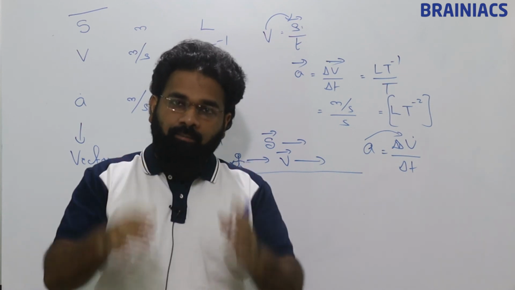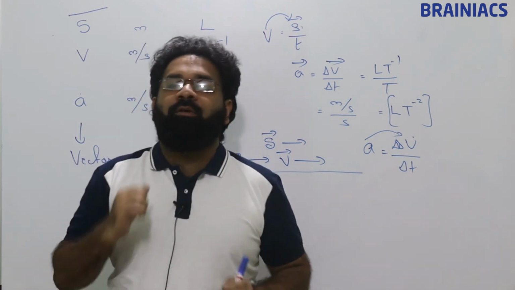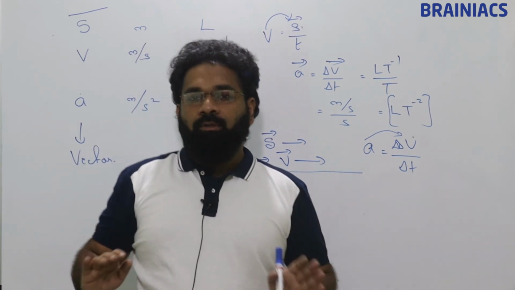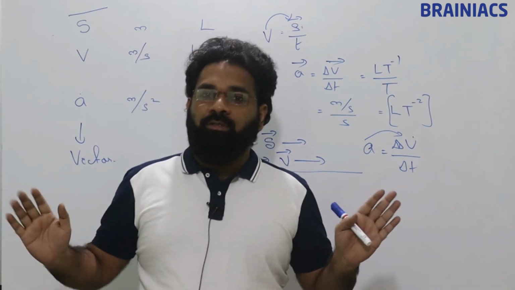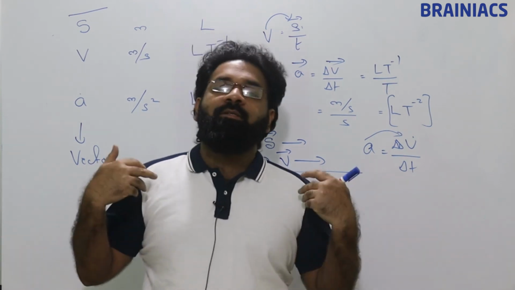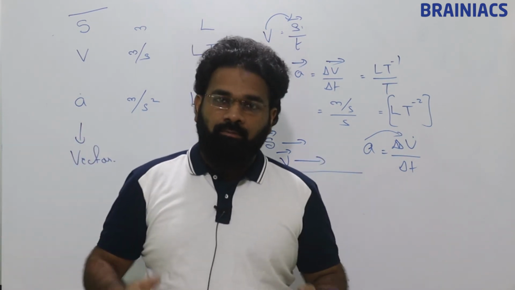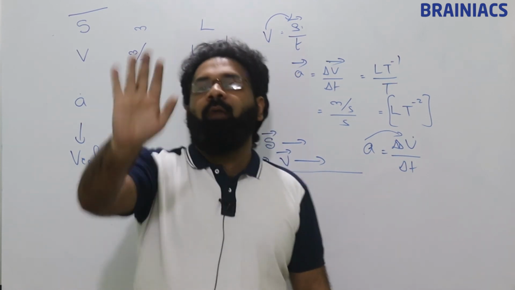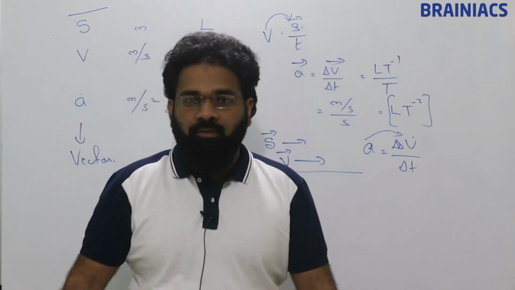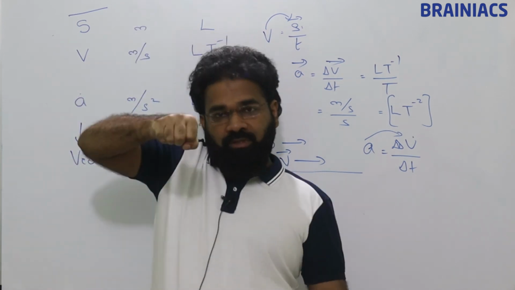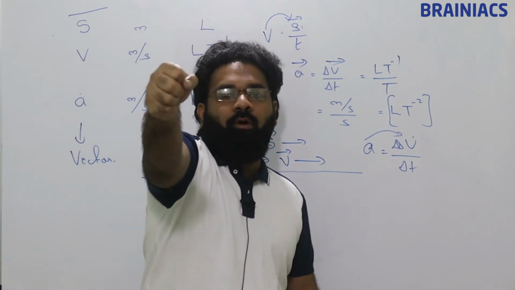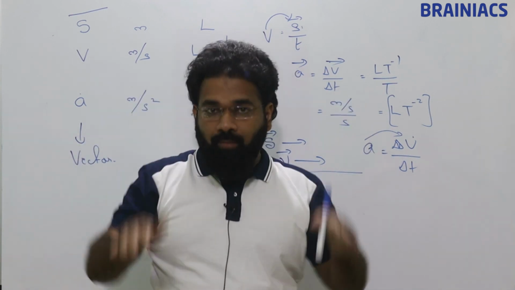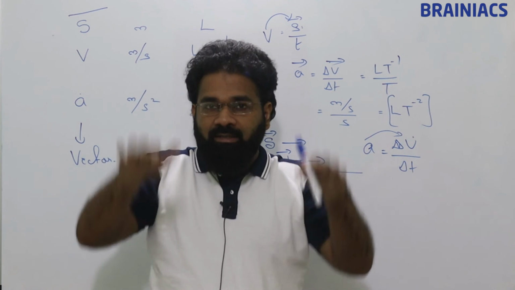If you are running with a constant velocity, and I run behind you and apply a force, then your velocity will increase. Just you will get a jerk, that is nothing but increase in velocity. Or if I hold your collar and pull you back, then your velocity will come down.